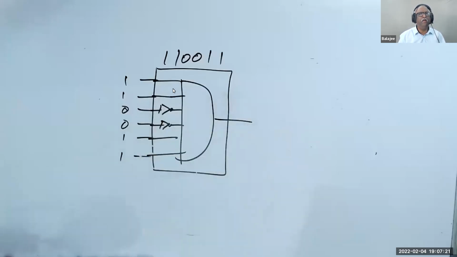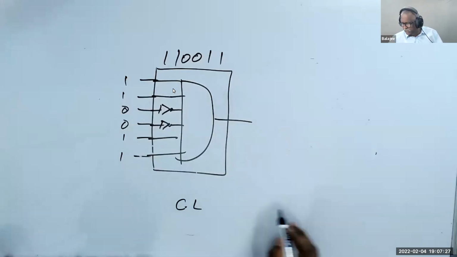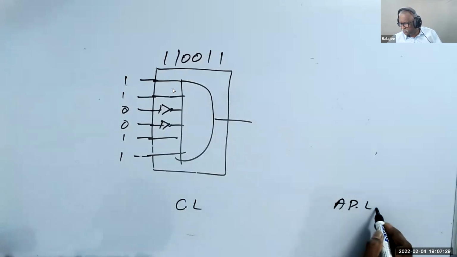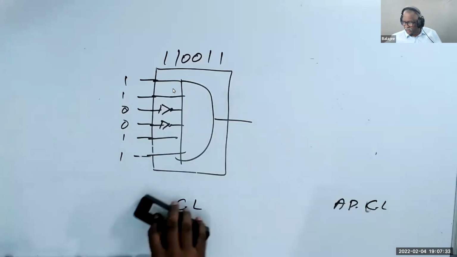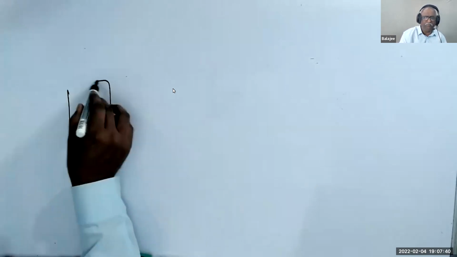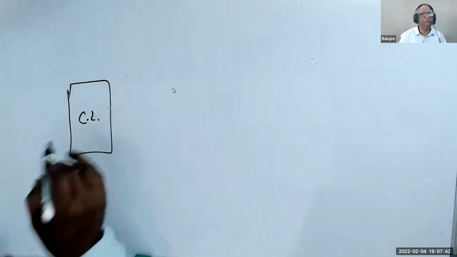The problem is that we get confused between combinational logic and the application of combinational logic. I'll explain right now. What is the application of combinational logic? If I tell you, you will be surprised. This is combinational logic.